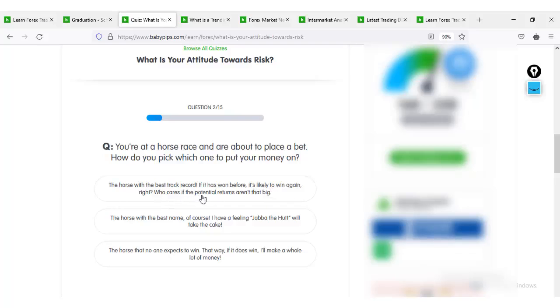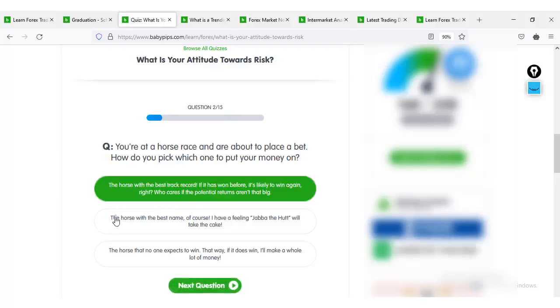Who cares if the potential returns aren't that big? That is true. The horse with the best name, of course, no. The horse that no one expects to win. No. The horse with the best track record. I don't care about the returns. So that's my answer.